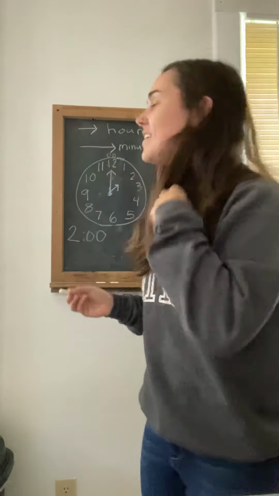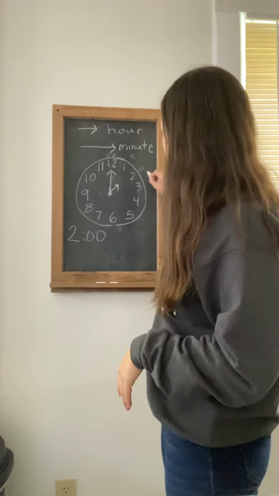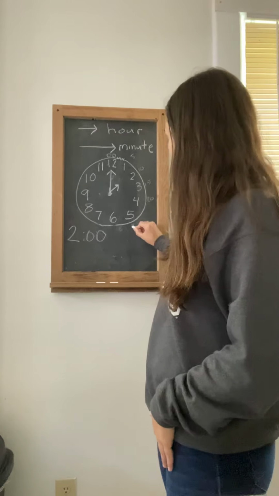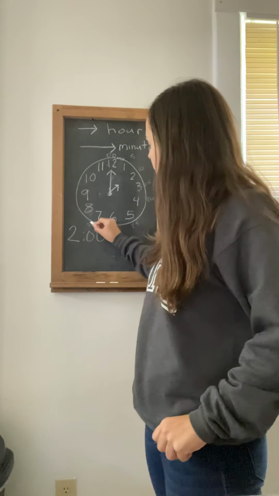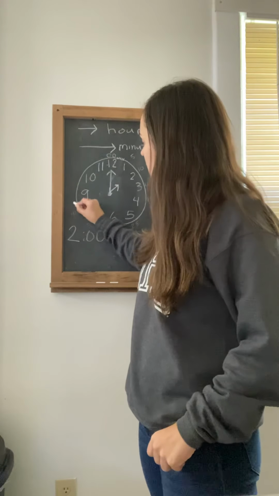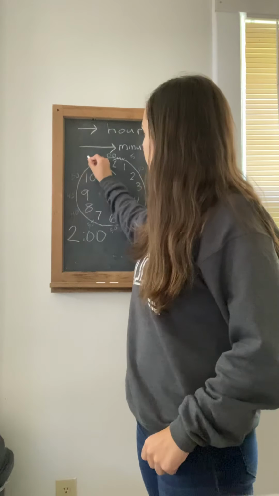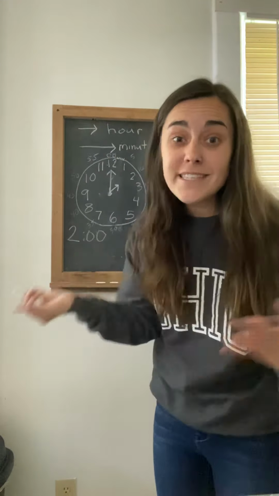Now let's count together. Let's count by 5s. Ready? 5, 10, 15, 20, 25, 30, 35, 40, 45, 50, 55, and this would be 60, but 60 is what?